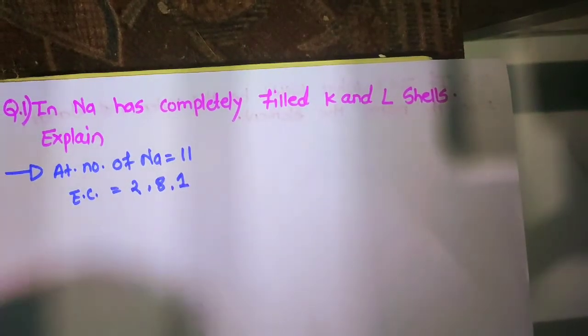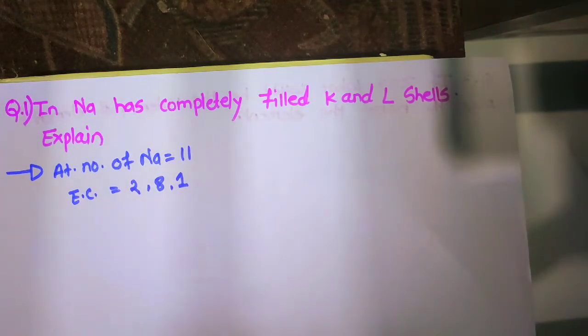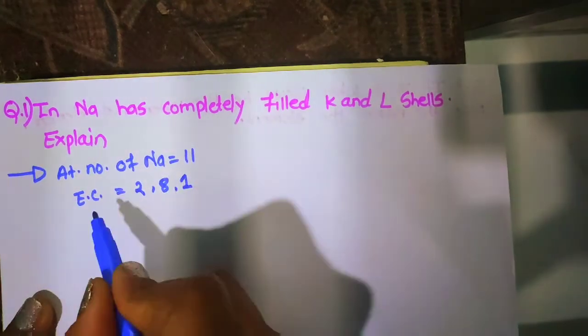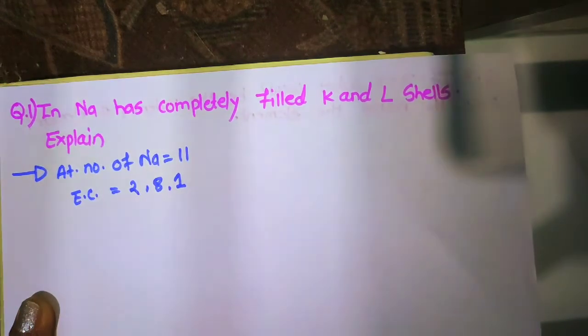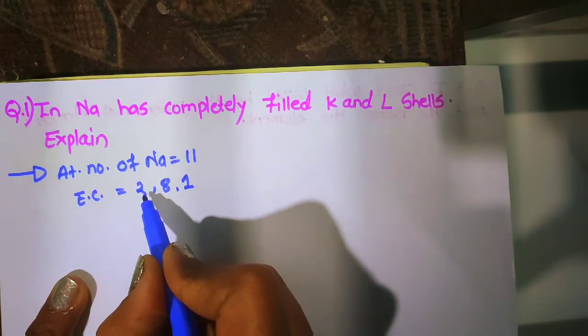Now we will discuss some questions. The questions might be tricky also. Sodium has completely filled K and L shells, explain. As you know, the atomic number of sodium is 11. So the electron configuration would be: the K shell has a maximum capacity of 2 electrons, so first of all 2 electrons will reach there.